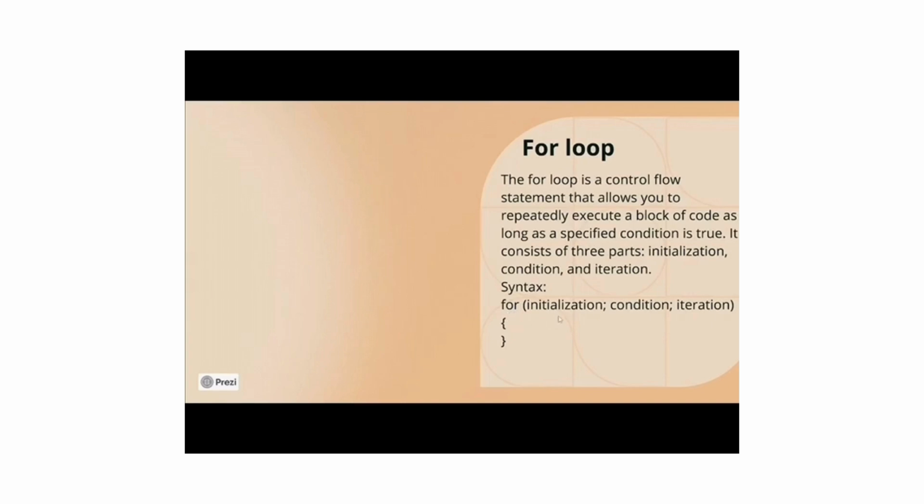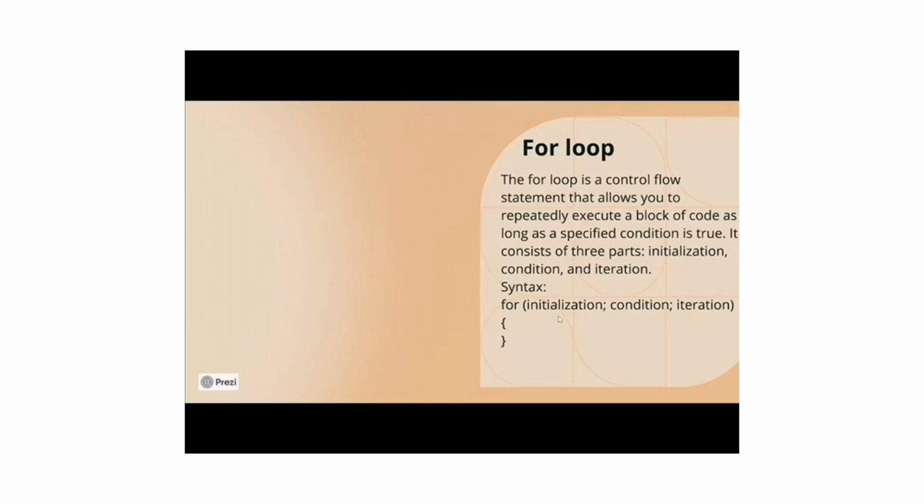Let me explain this syntax first. First of all, for, then initialization. Initialization is executed only once, at the beginning of the loop, and it typically initializes the counter variable. So what is a counter variable? A counter variable is one on which increment and decrement operations are performed.